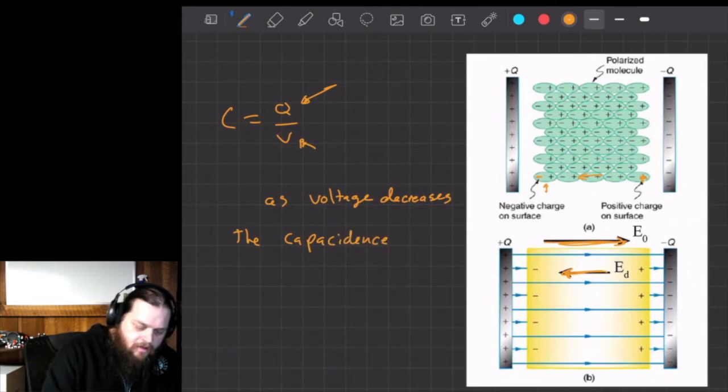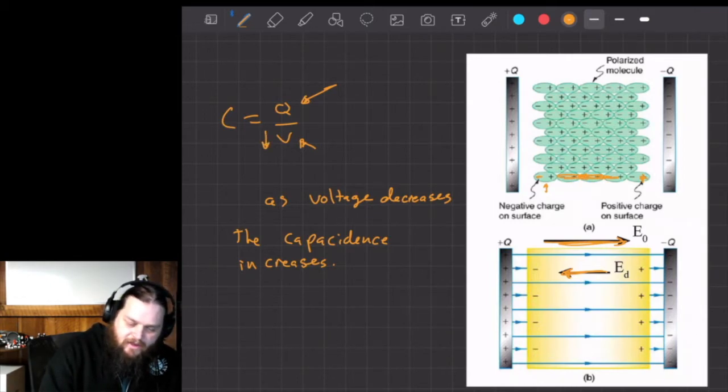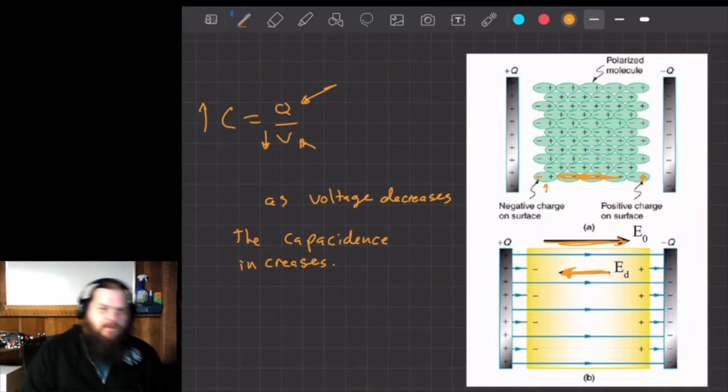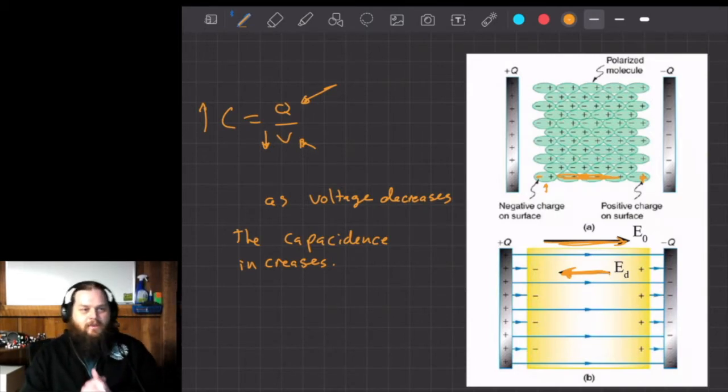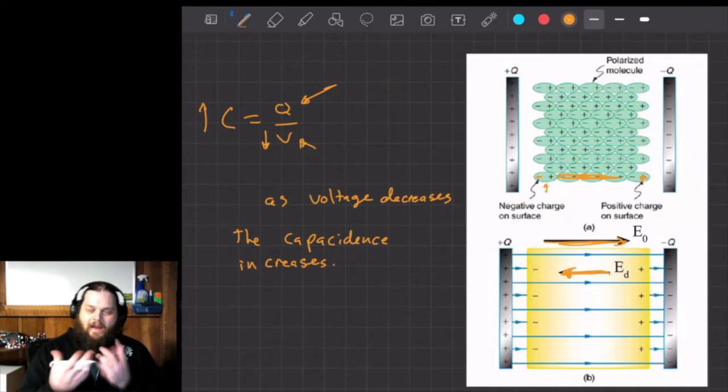Probably not, increases. So basically, as this voltage goes down, because there's this dielectric in there, because there's an electric field that's fighting it, the capacitance is going to go up. And that's why they add dielectric in between there, because we can end up with a higher capacitance.